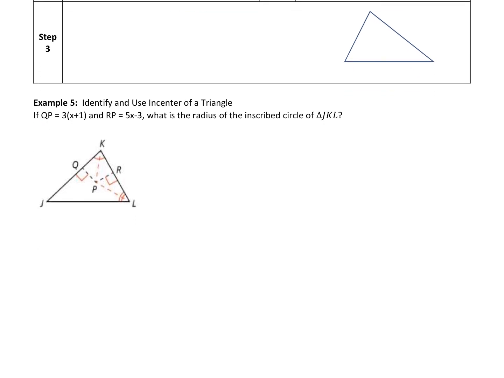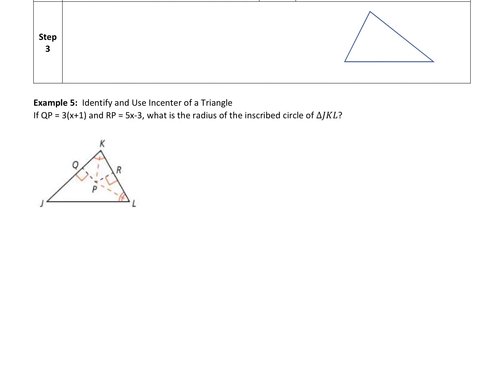All right, if QP equals 3 times x plus 1, so here's QP, 3 times x plus 1, and RP equals 5x minus 3, what is the radius of the inscribed circle of triangle JKL? So there are some things we want to notice in our picture. We see that KP is an angle bisector and LP is an angle bisector.